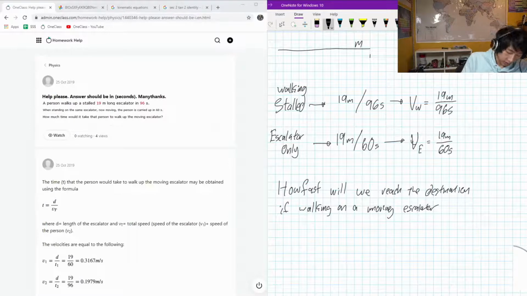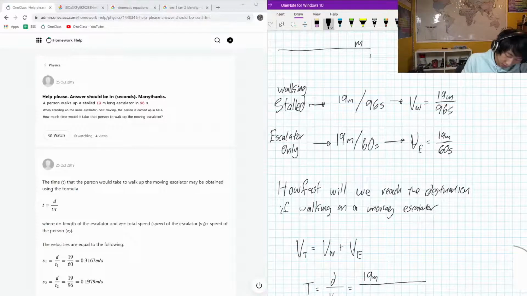Our total speed is going to be equal to our walking speed plus our escalator speed, and the time that it will take is going to be equal to our distance over our total speed. Okay, so subbing in everything, we get 19 meters over our total speed, which is 19 over 96 plus 19 over 60. Okay, and this will give us our time.